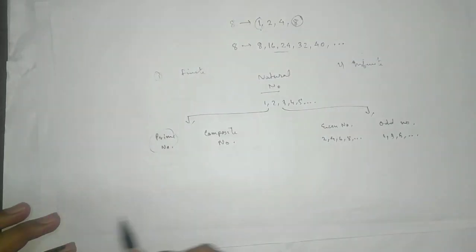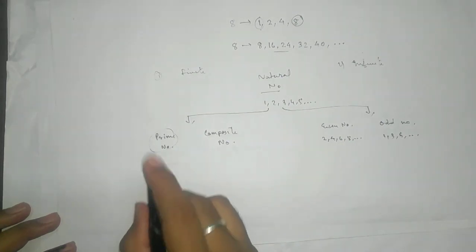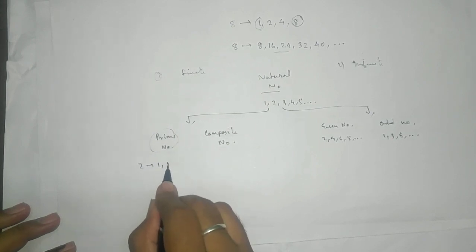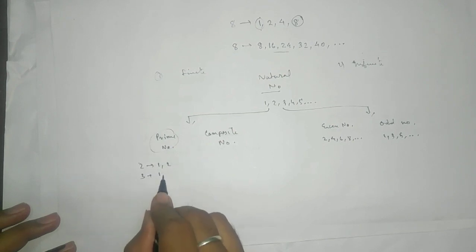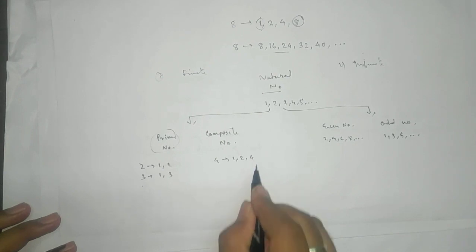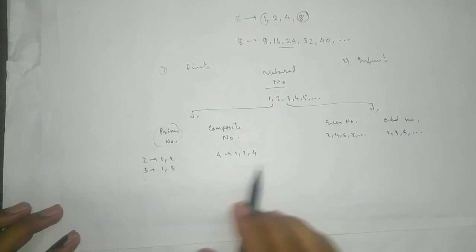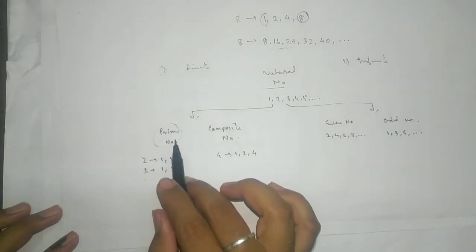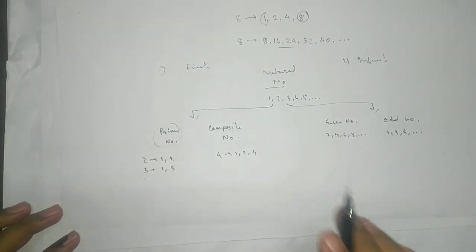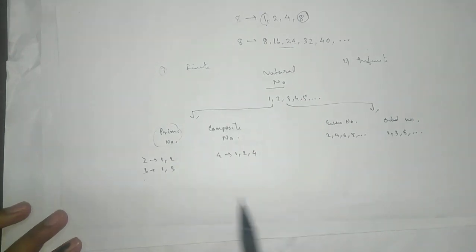For prime numbers, the number has only 2 factors, 1 and itself. Like 2: the factors of 2 are 1 and 2. The factors of 3 are 1 and 3. For 4, the factors are 1, 2 and 4. A number which has more than 2 factors is called a composite number. Remember, 1 is neither prime nor composite. 1 is an odd number. Very important: most students get confused, thinking that if 1 is not prime, then it must be composite.